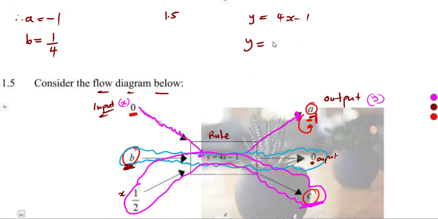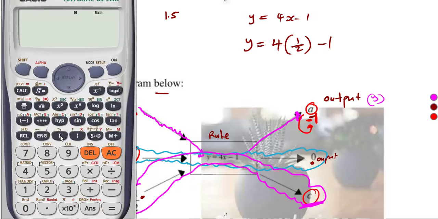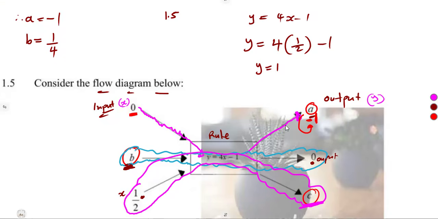So y is equal to, we substitute the x value 1/2. You can even use your calculator there. That's 4, open the bracket, 1/2, close the bracket, then subtract 1. That gives us 1 at the end. So y is equal to 1. Y represents the output, which is the value of C. So therefore, C is 1.